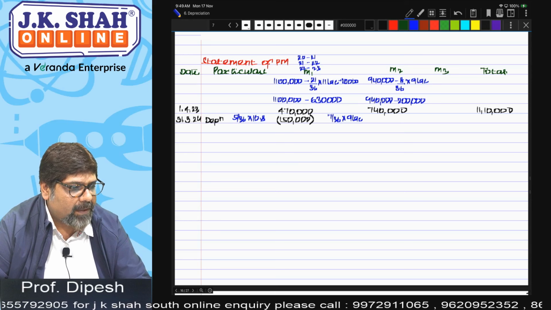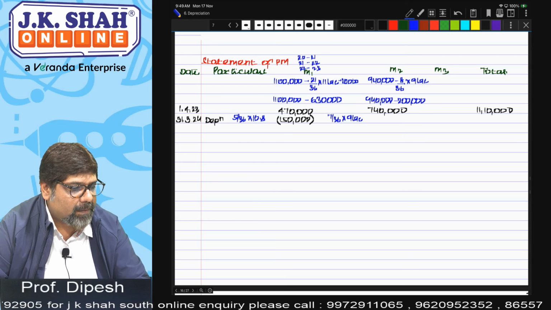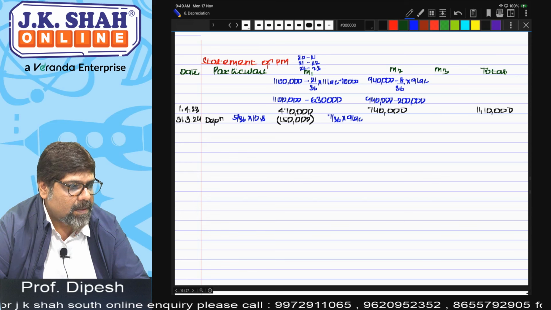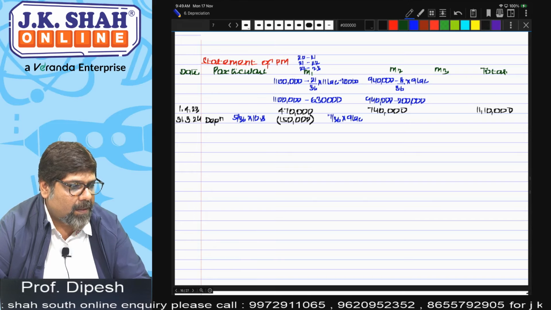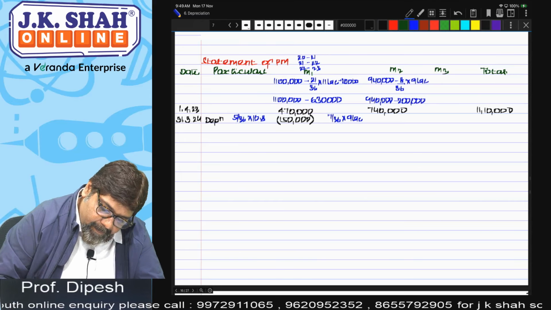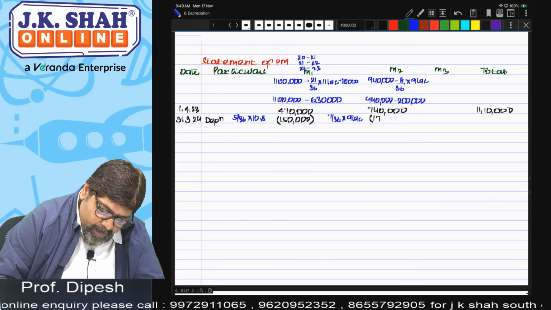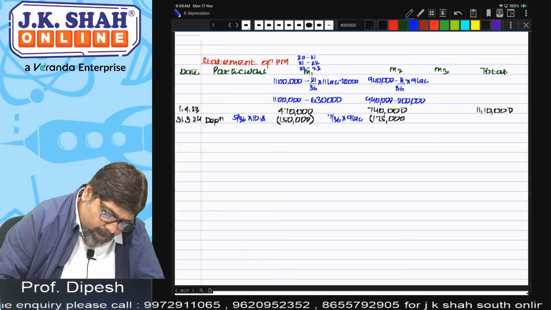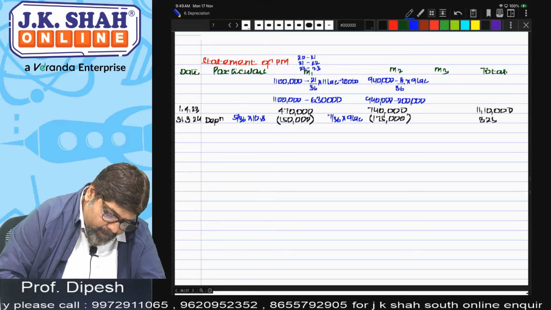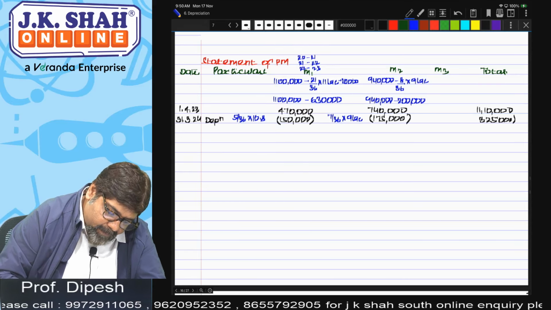That is M2's depreciation, 1 lakh 75. So total depreciation 325.